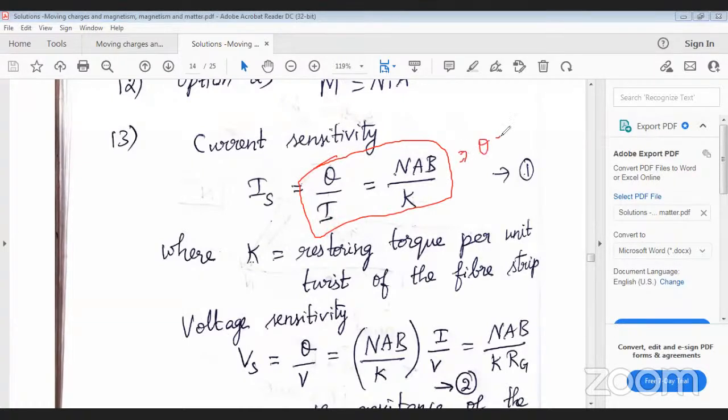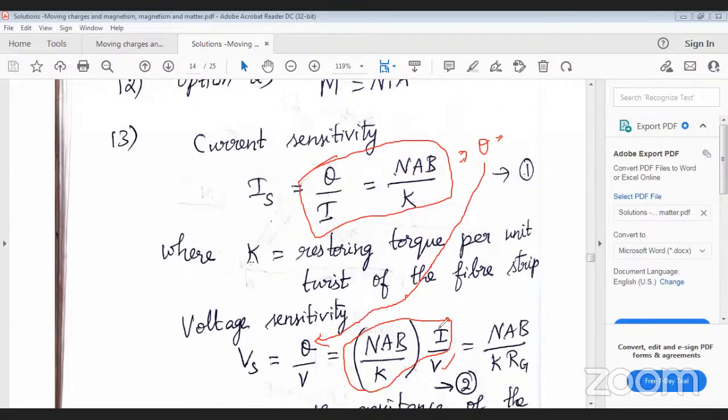So theta is equal to NAB divided by K into I. And you are substituting this theta in this place. So theta by V: instead of theta, NAB by K into I, and V we have.